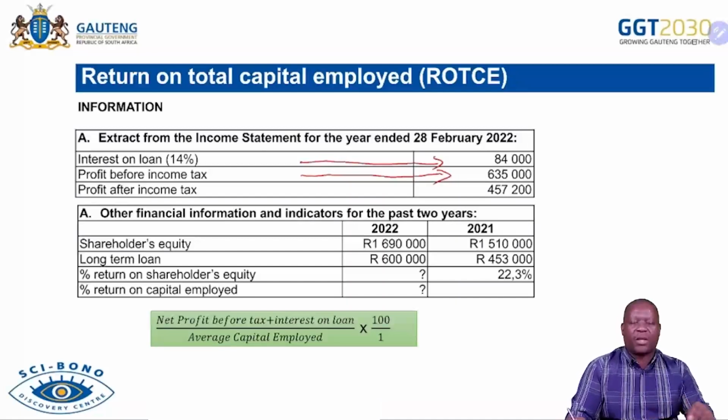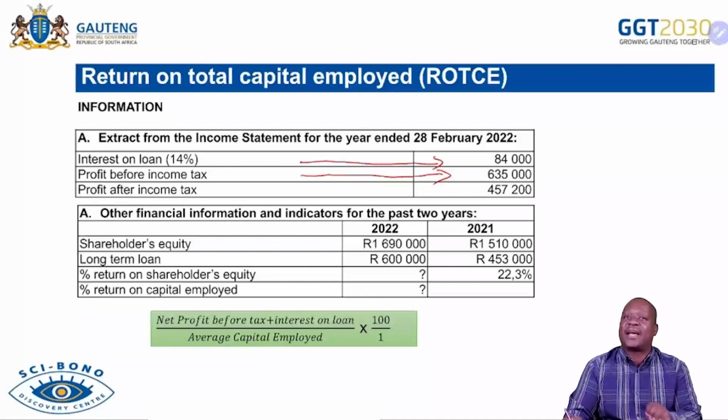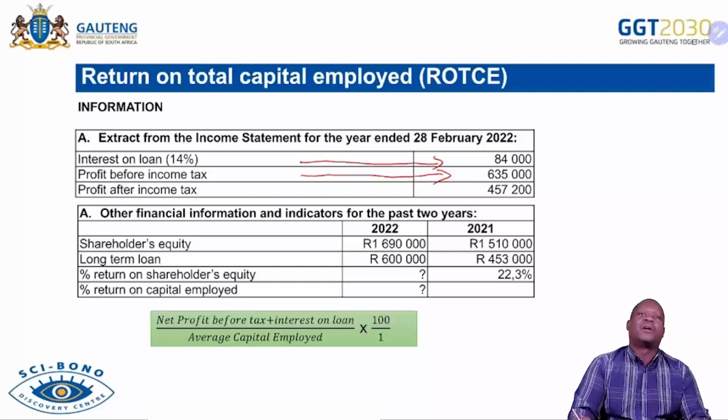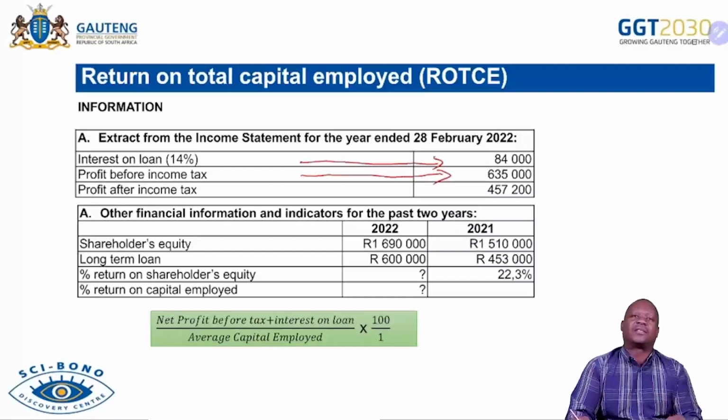But when it comes to the bottom line, the denominator, it is average capital employed. And capital employed has to do with share capital and the loans. So we are going to have four figures added together there. Opening shareholders' equity plus closing shareholders' equity.